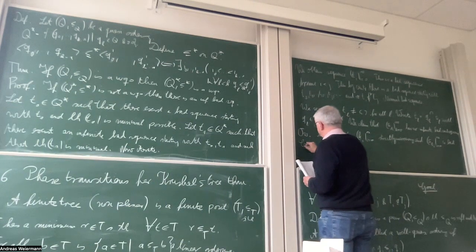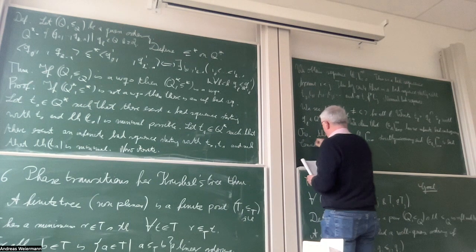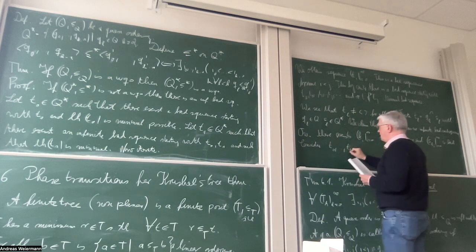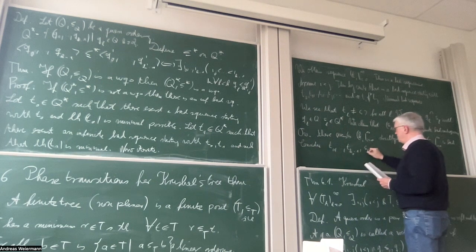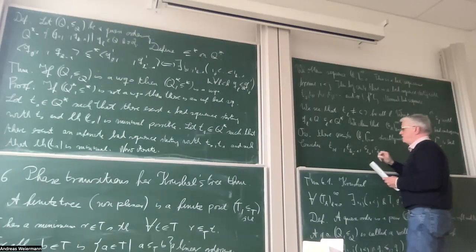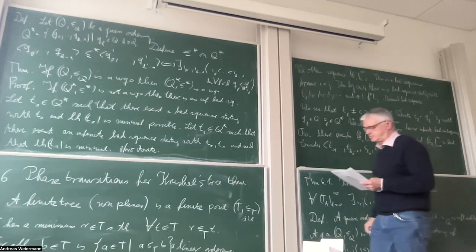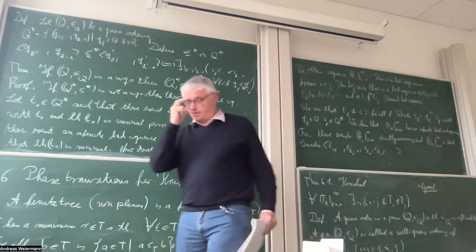Now we make the new situation. Consider the sequence T0 up to Tk0 minus 1. Now comes Sk0, Sk1, etc. What can we say about the sequence?